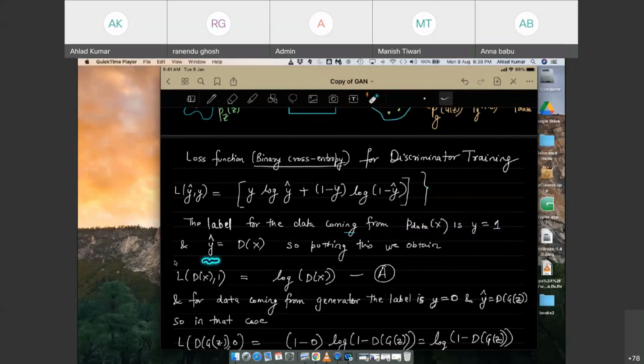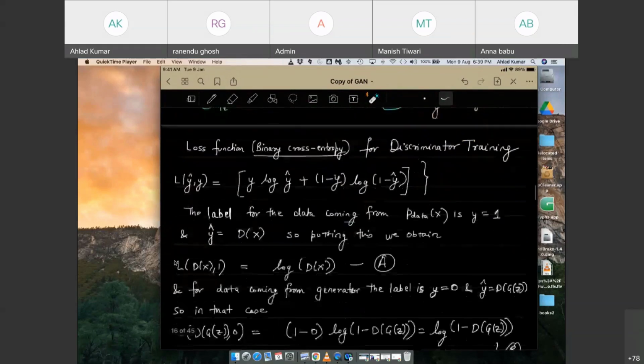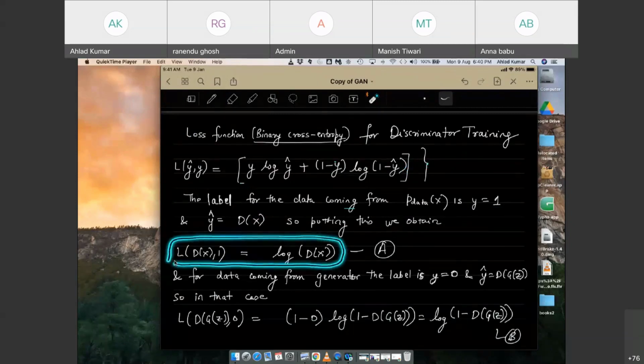The output y hat generated by the discriminator is D of x, because you are feeding the original input into the discriminative model. If you put this y hat and y equal to 1 into the binary cross entropy expression, you will get this expression. This is the first expression with respect to the discriminator training.